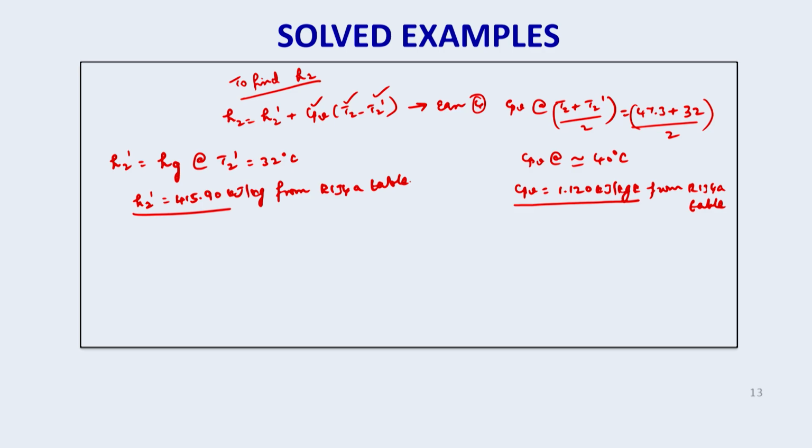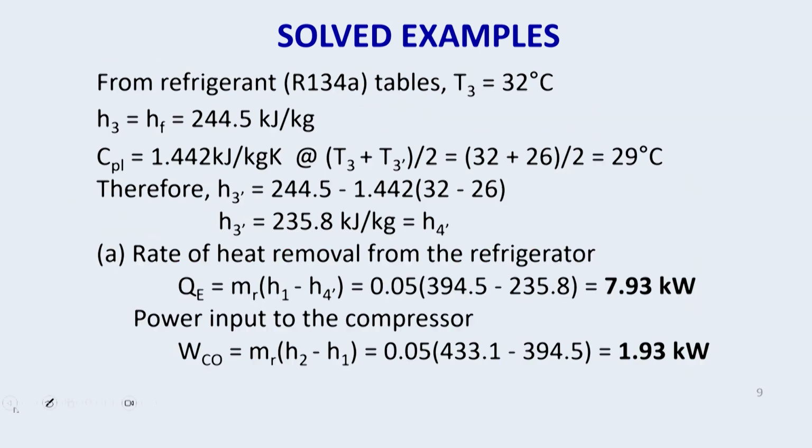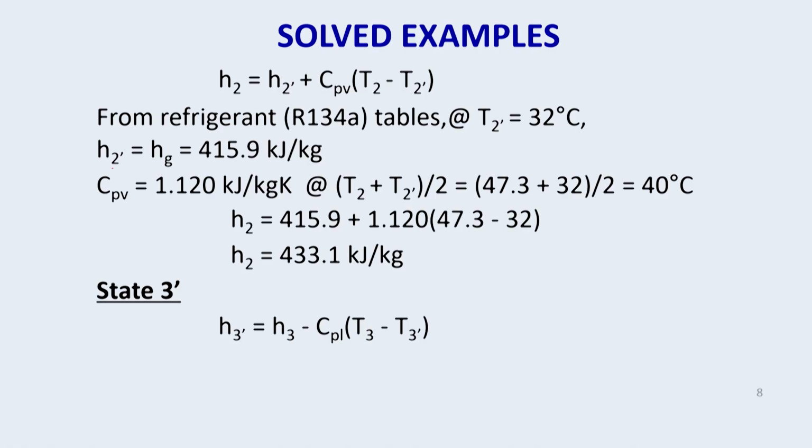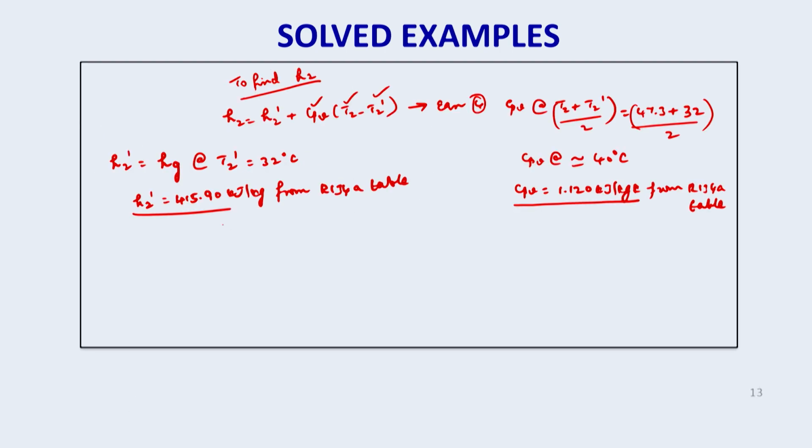So H2 dash is equal to 415.9 kilojoule per kg. Now I will substitute the values and find out H2.